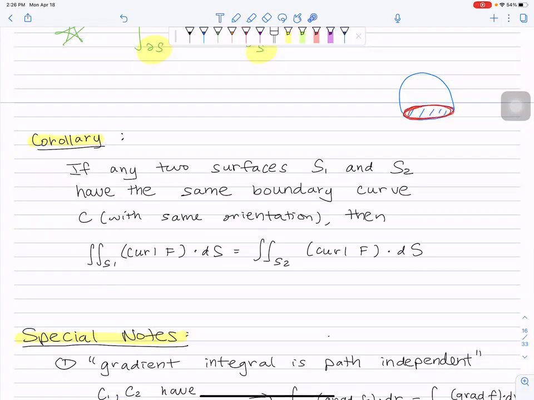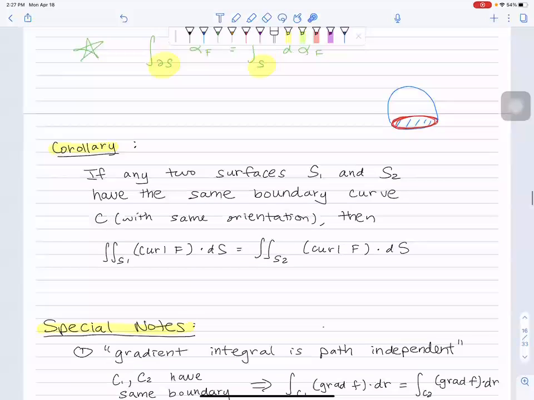Our first surface could be this cap, just the top part. The boundary of that would be this red circle. Our second surface could be the flat circle, and its boundary is also that red part. So these two surfaces have the same boundary, and so we know by Stokes' theorem that their integrals would be equal. And so what does that tell us?